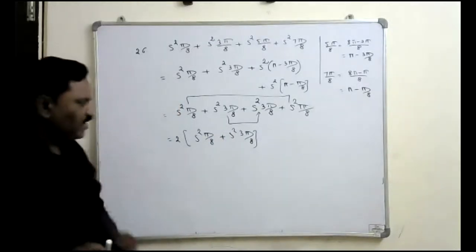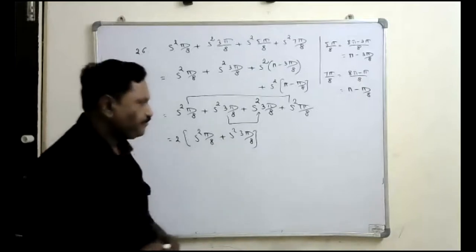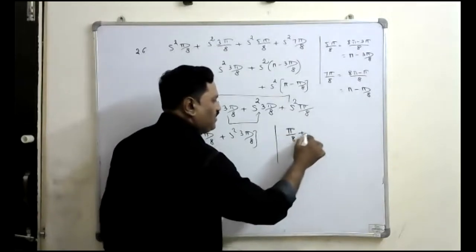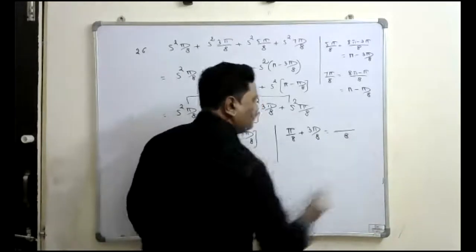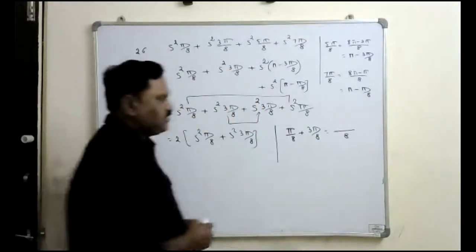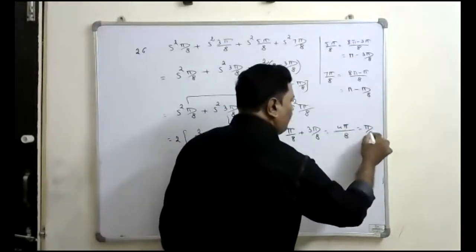Now observe the angles pi by 8 and 3 pi by 8. What is the sum of these angles? Pi by 8 plus 3 pi by 8. LCM is 8. Pi plus 3 pi, that is 4 pi by 8. 4 pi by 8 means pi by 2.